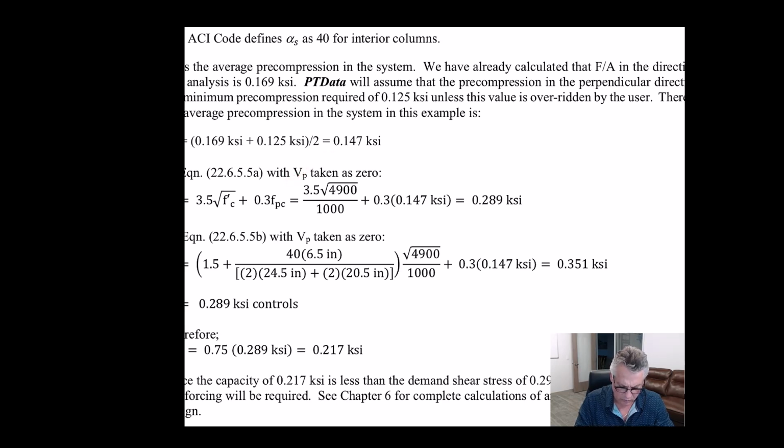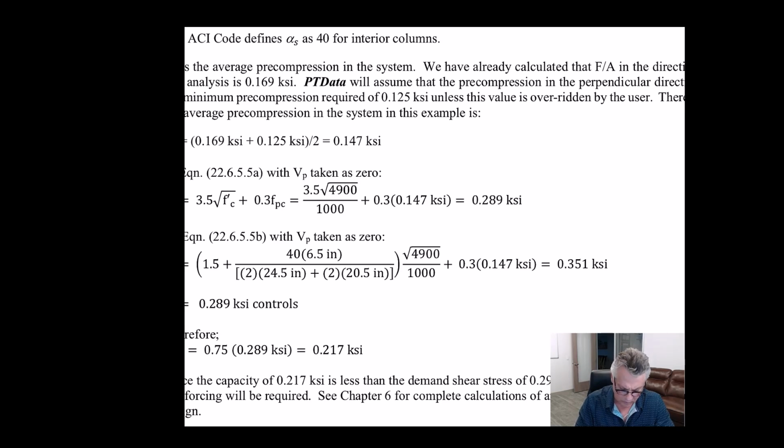In the first equation, this stuff gets pretty easy, but remember, you're doing hand calculations, you can be slightly off when you have a 5,000 PSI slab, and you're not sure exactly why you're slightly off. It's because you're not allowed to have more than 4,900 PSI under that radical. So VC is 289 PSI for the first equation.